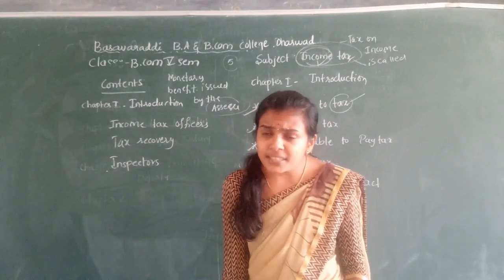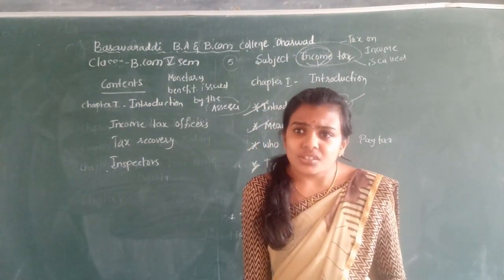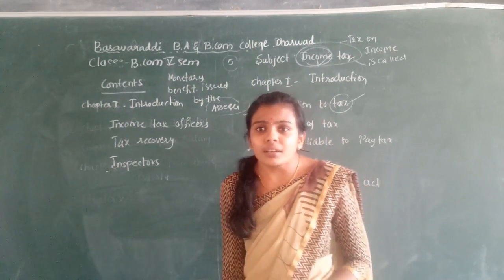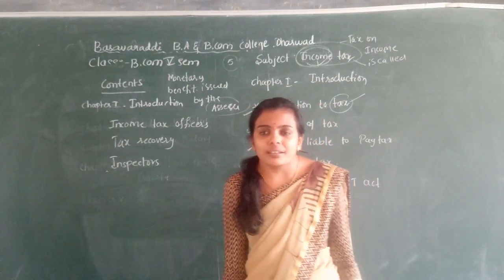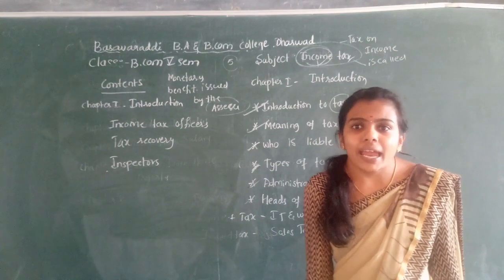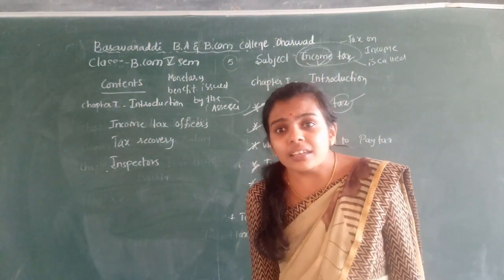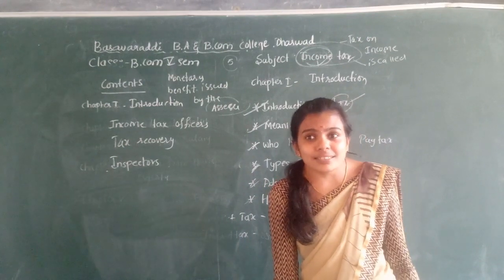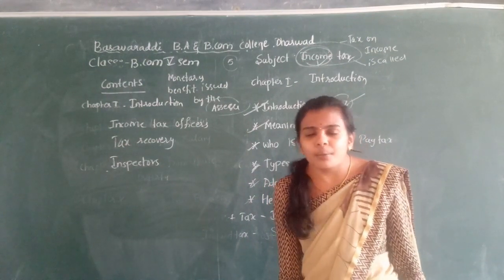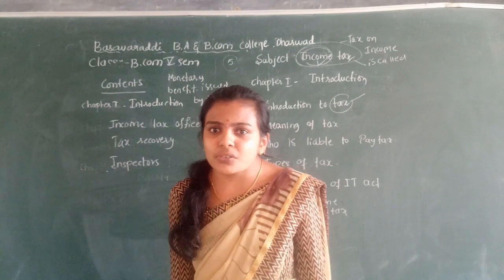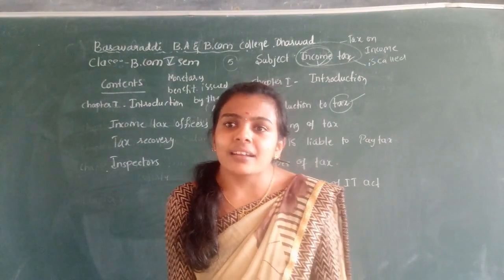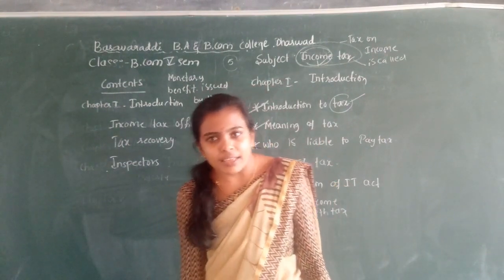Under the Income Tax Act 1961, under section 14, the income of a person is calculated under various different heads of income. The income tax is first assessed under the heads of income and then it is charged as per the rules of the Income Tax Act.